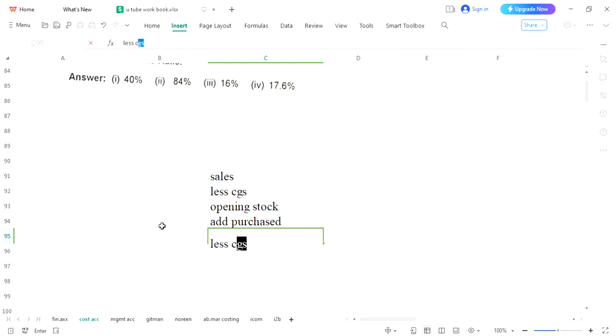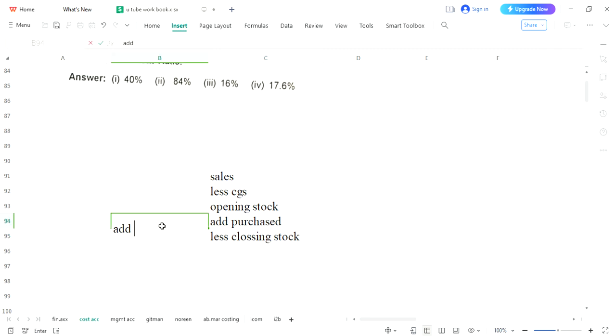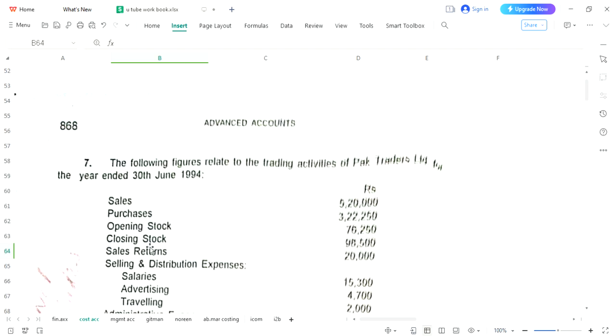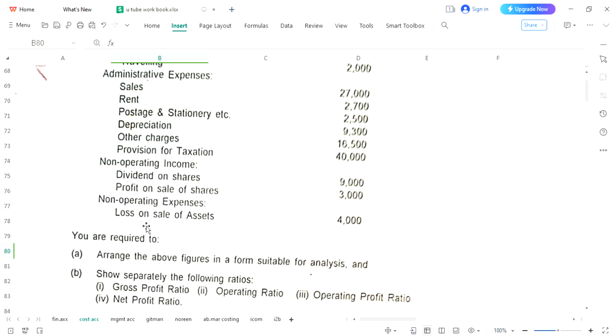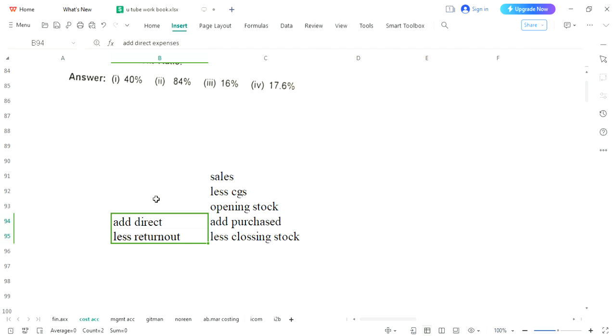Then less closing stock. Please understand, we need to put over here add direct expenses, and secondly less return out. But in our question, purchase returns are not given, and we don't have any direct expenses, so we have skipped this step.